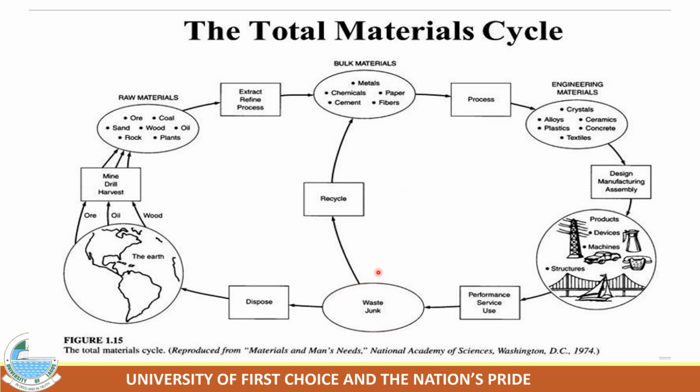Any material that cannot be recycled decomposes and goes back to the earth. This is the complete total material cycle of engineering material, from the earth, round and back to the earth. But the one that is recyclable will go back to the bulk material and back into the system. That is the engineering total material cycle.